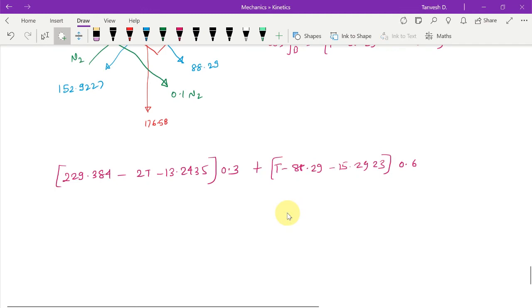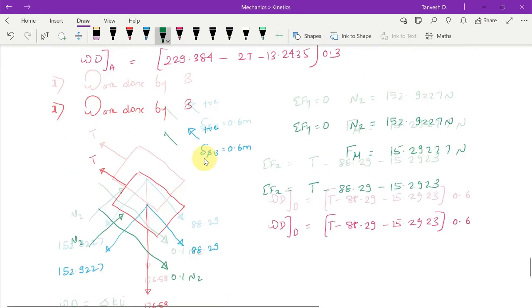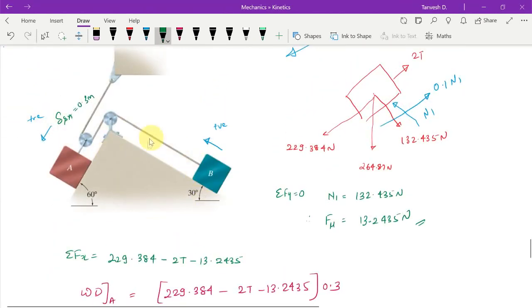So this is the total work done. Is anything else doing work? There is no resistance here, right? So only these two blocks are doing the work.